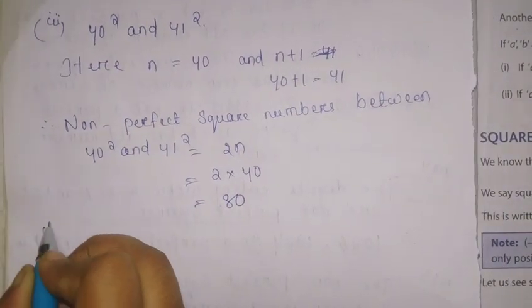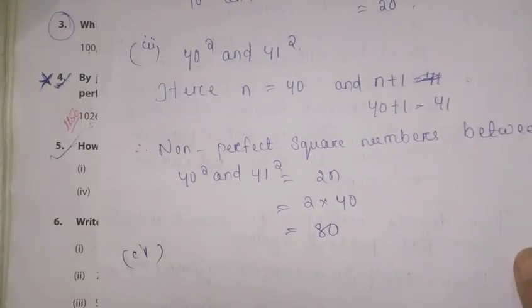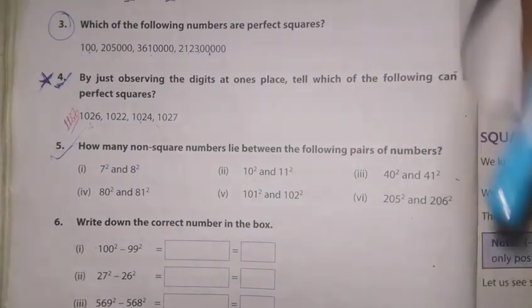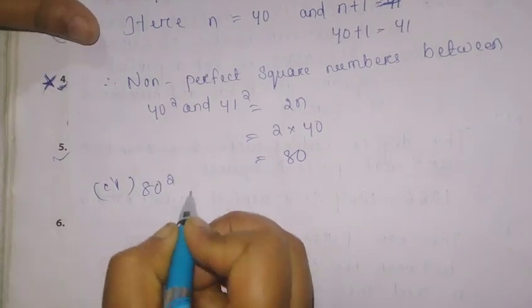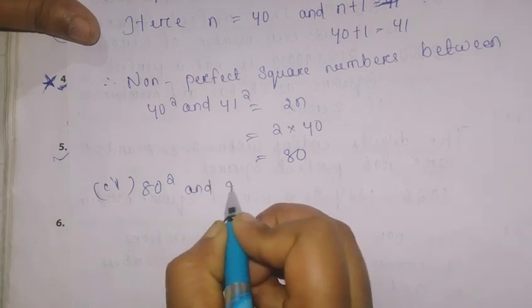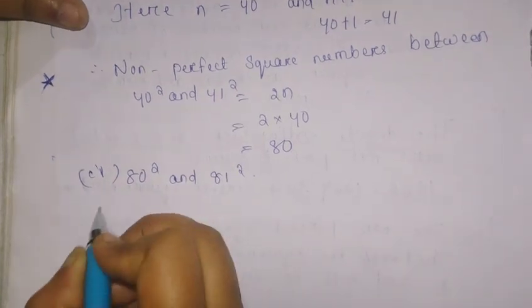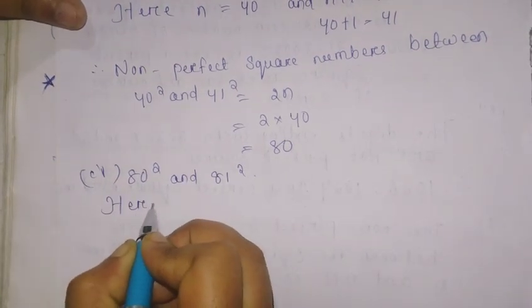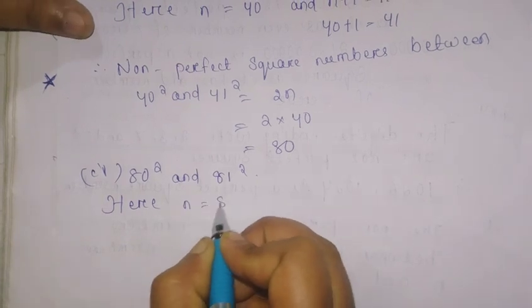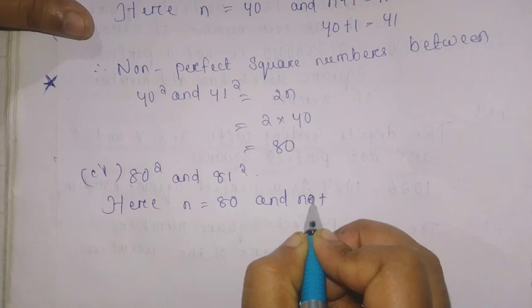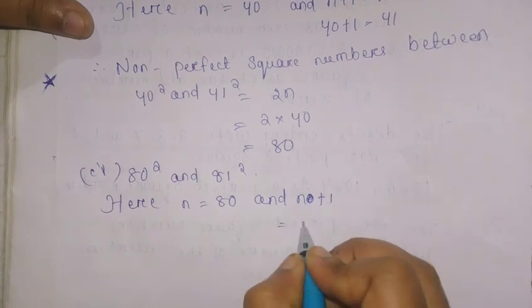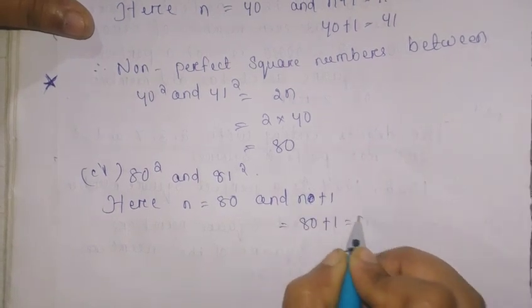Now we solve fourth: 80 square and 81 square. Here n equals 80 and n plus 1 equals 80 plus 1 equals 81.